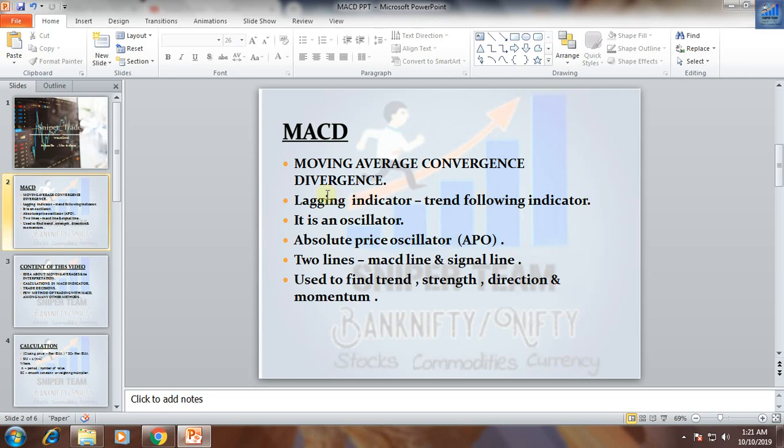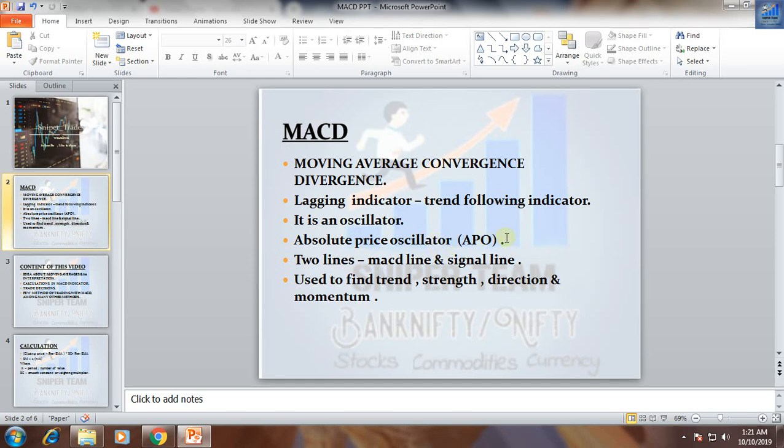That is what lagging or trend following indicator means. This indicator is classified under the absolute price oscillator, or APO. There are other indicators classified under PPO, the percentage price oscillator, but the MACD indicator is classified under the absolute price oscillator.